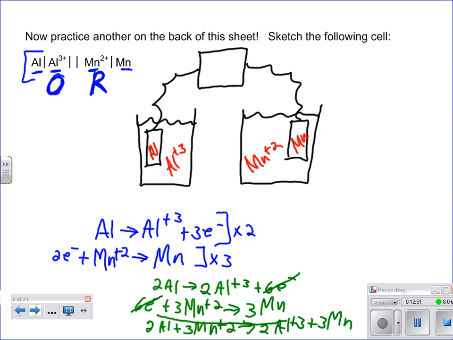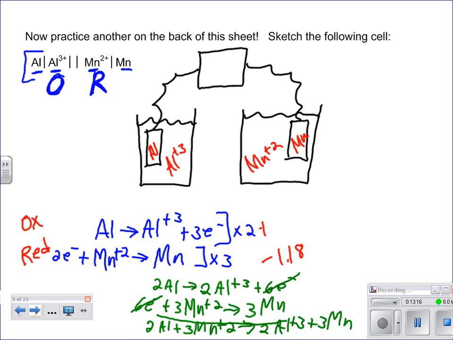So one of the main reasons we wanted to do this was to be able to come up with our voltage. You look at your reduction potential table, and you see that your reduction half is a negative 1.18. For your oxidation half, you don't see that, but as a reduction half, it's a negative 1.676.